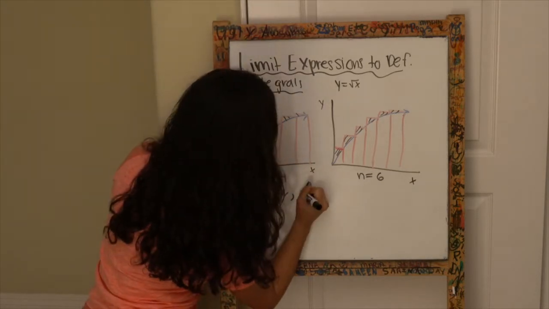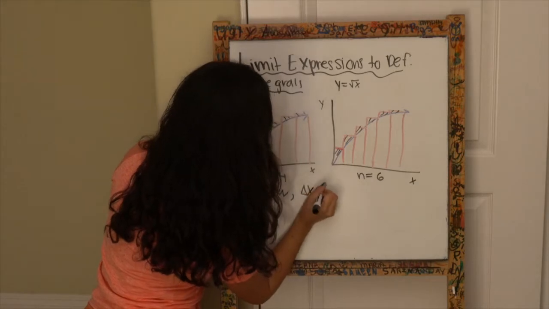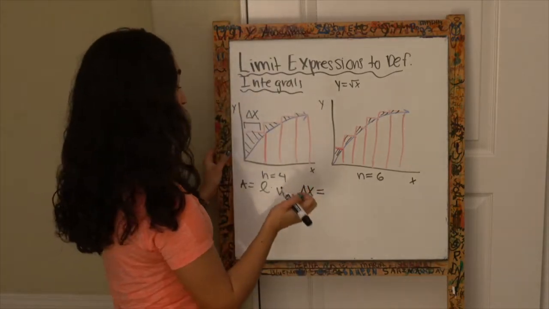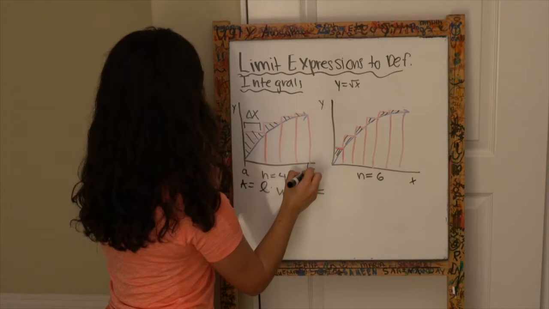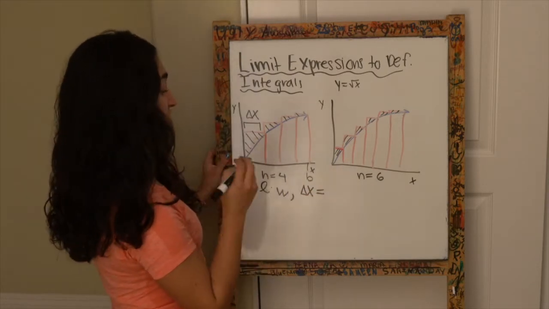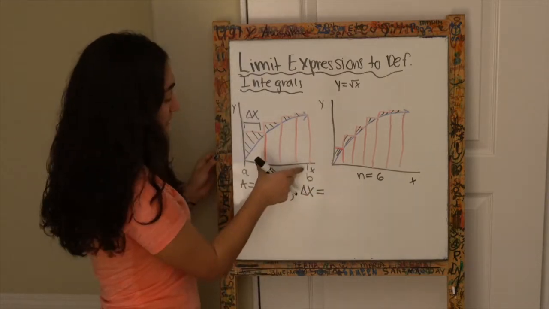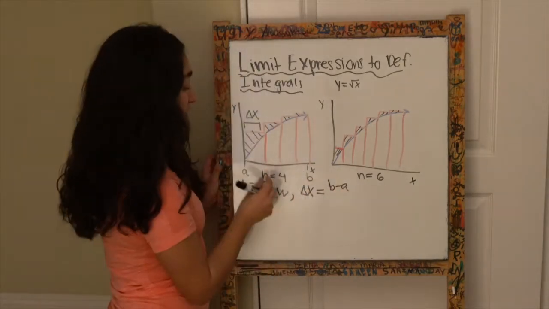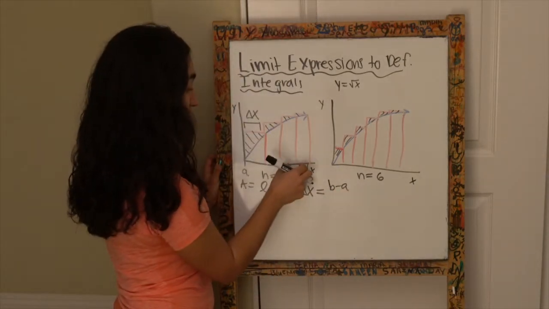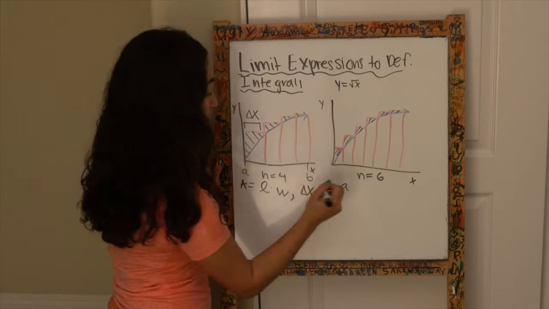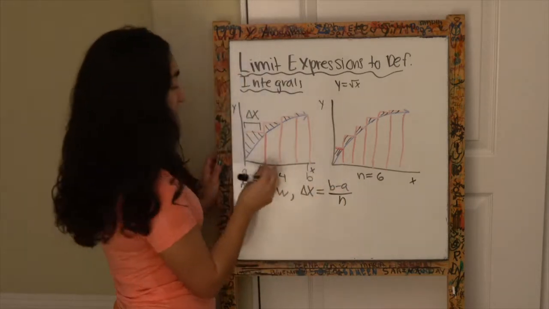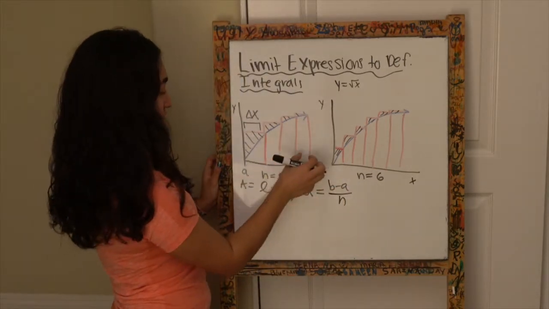And we're going to make change in x equal to the starting point, which is a, and the ending point b. So change in x would be b minus a divided by the total amount of rectangles. In this case, it would be 4, which yields us the width of each rectangle.